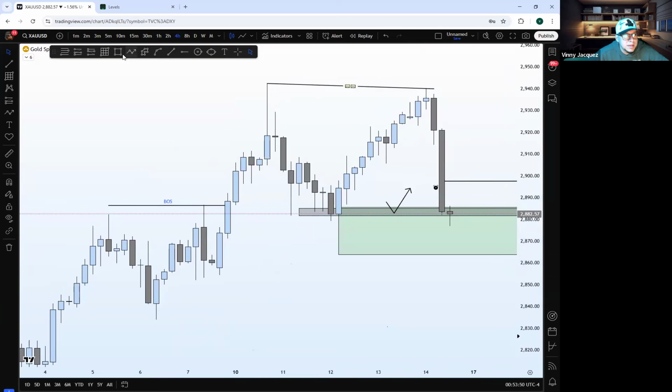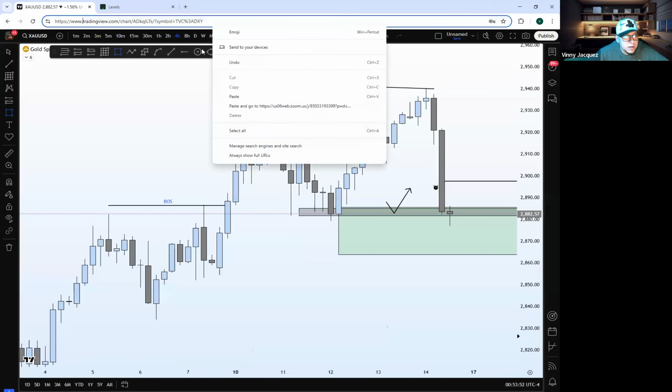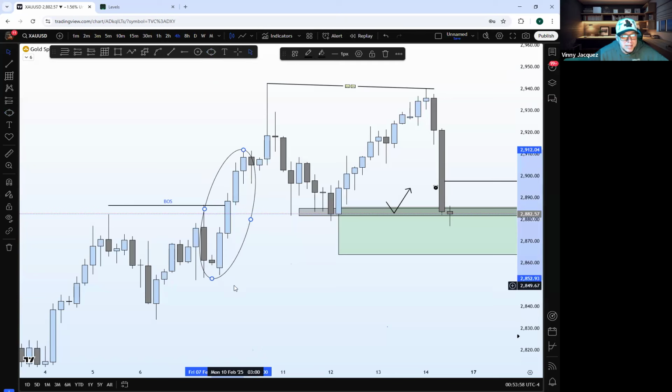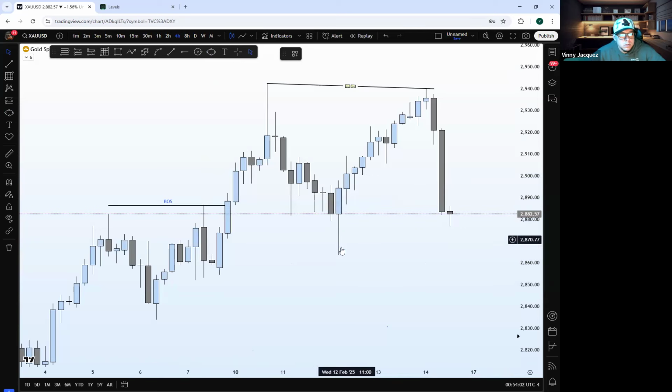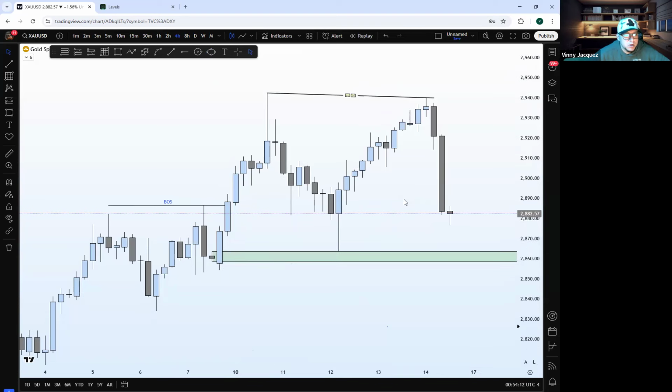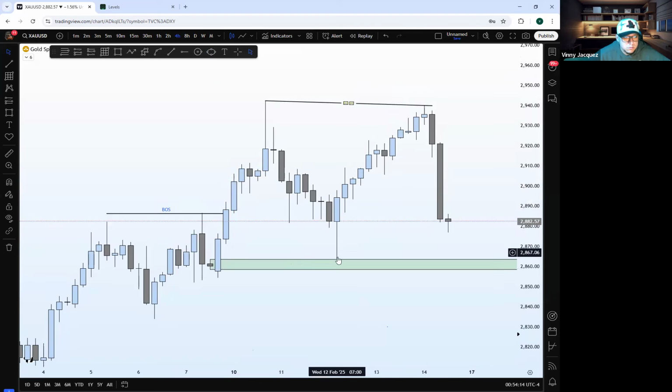At the end of the day, if this is our breakout rally, we follow that rally back down to the last selling candle, which is going to be right here.